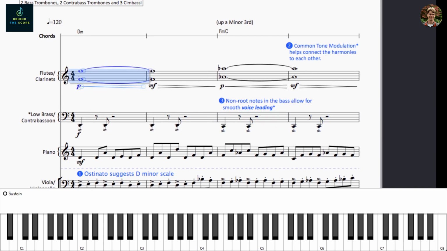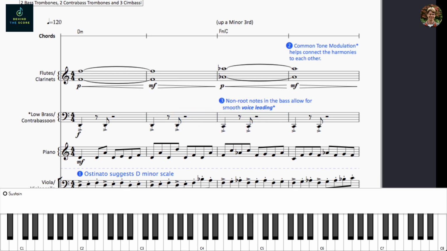In our first measure, we have D minor with a low D in the bass, right? So the piano, the ostinato, the flutes, everything is supporting D minor, and the low brass and low winds are playing that low D. Over here, in measures 3 and 4, everything modulates up to F minor, but now our bass moves down to C, down from D in measure 2 to C in measure 3.